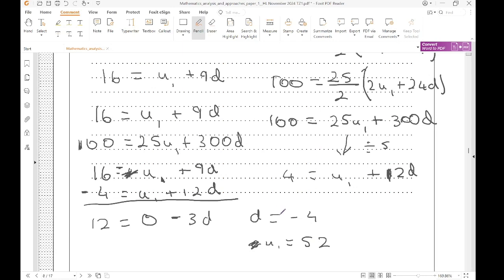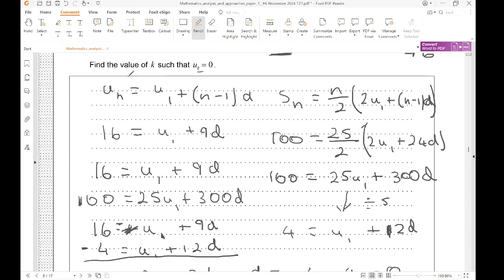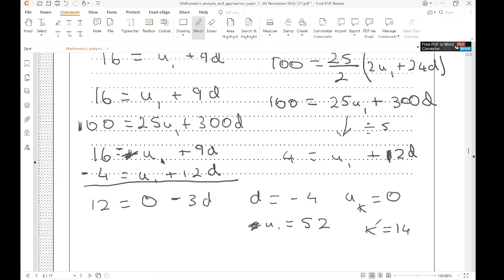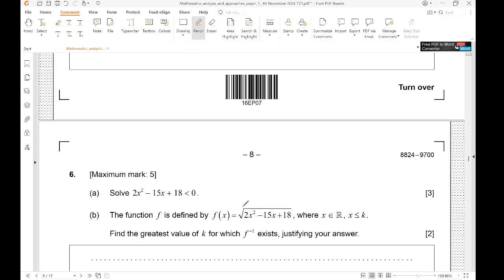And then once you attempt to solve for u of k equal to 0, you should get k is equal to 14. When you plug that back into your equation, you put u of k over here, and then you plug in all the values that you know now, which are d and u1. And then you should get k is equal to 14.